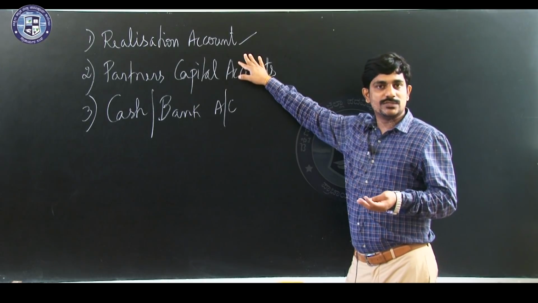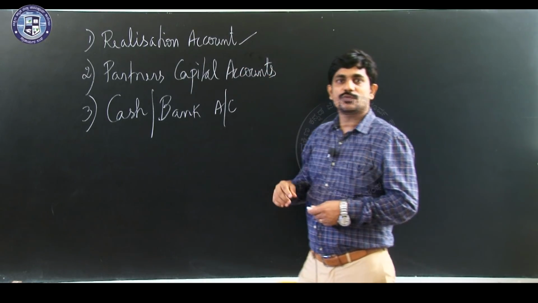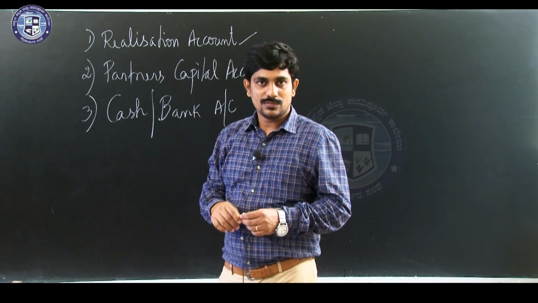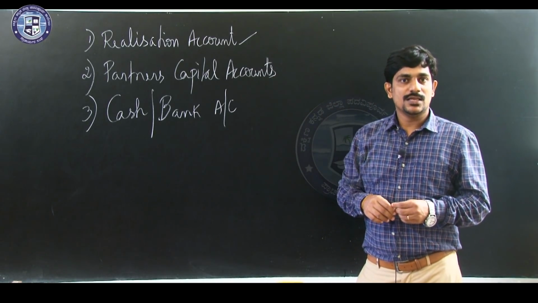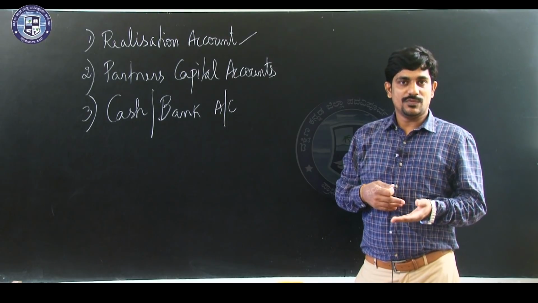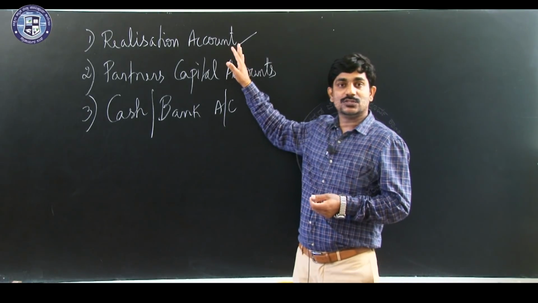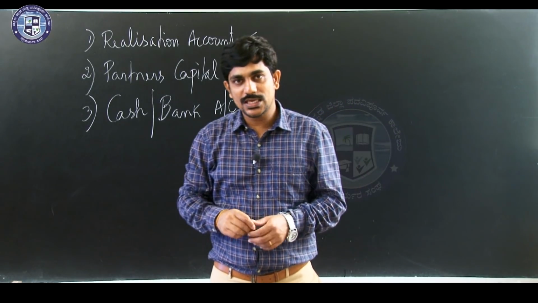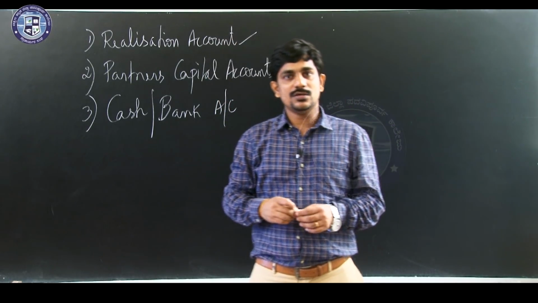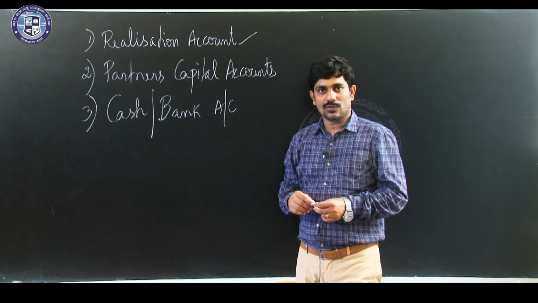In the admission as well as in the retirement, you used to prepare a revaluation account. But there, the values of the assets and liabilities were revalued. But here in the dissolution of partnership, because we are closing the business, we need to close all the accounts, that is assets accounts as well as liabilities accounts.